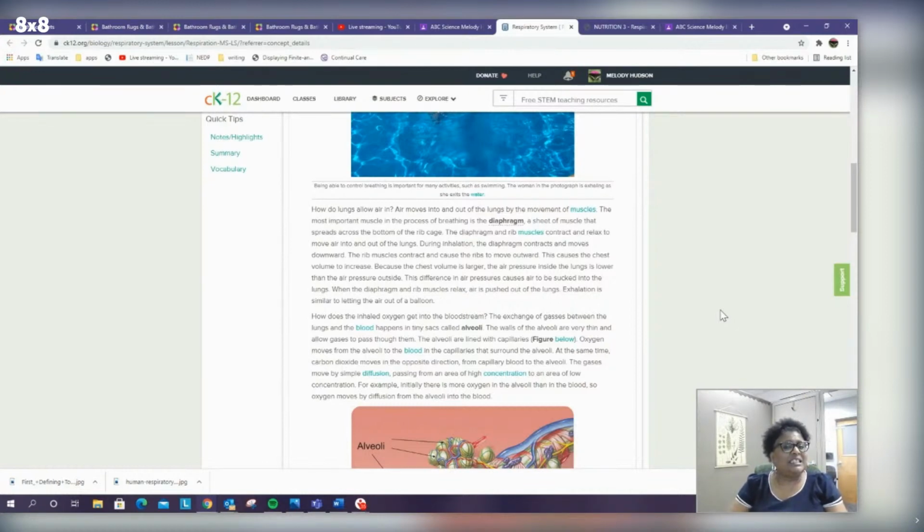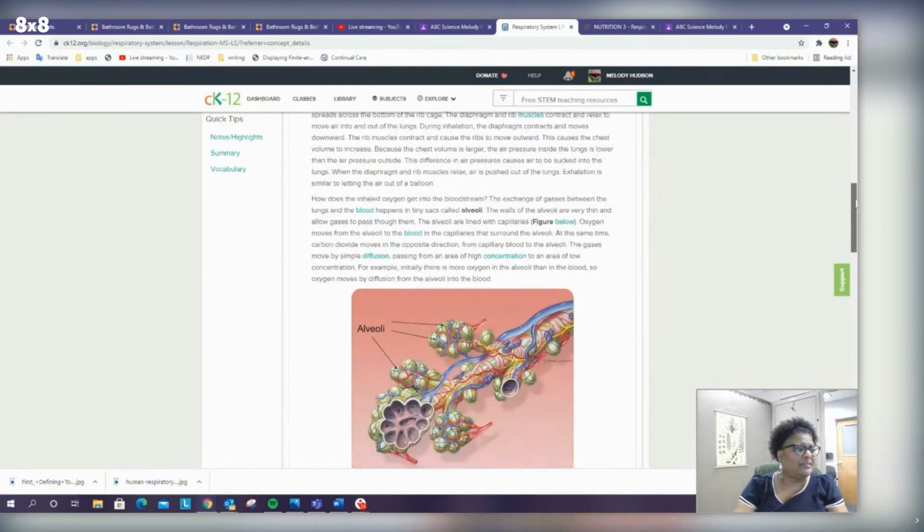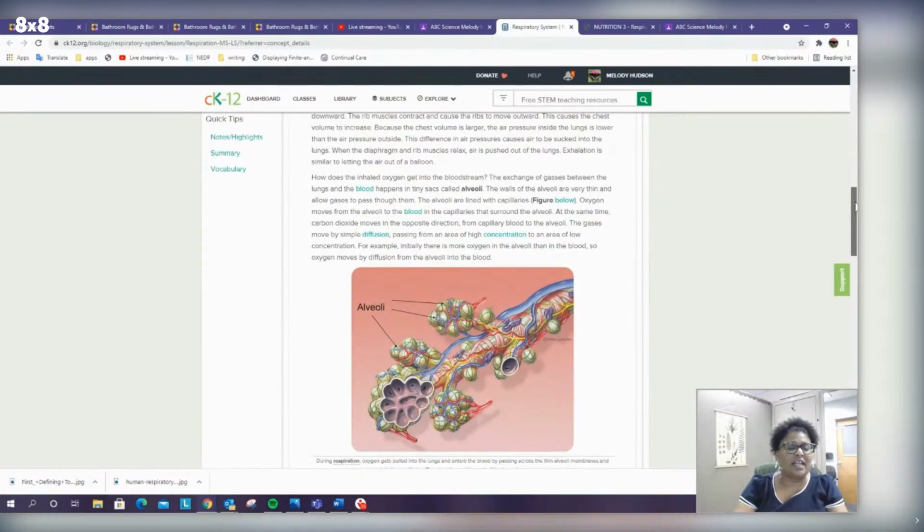And so how does the inhaled oxygen get into the bloodstream? The exchange of gases between the lungs and the blood happens in tiny sacs called alveoli. These are our alveoli. And so the walls of the alveoli are very thin, which allows the gases to pass through them. And they're lined with capillaries, which are tiny blood vessels.